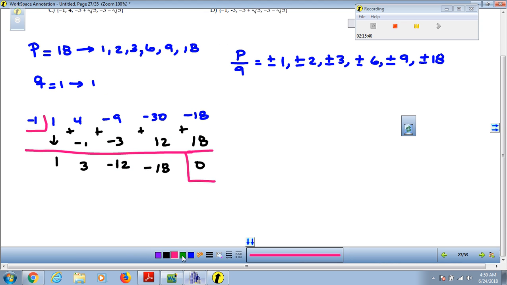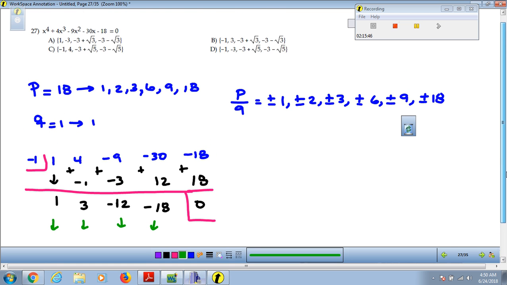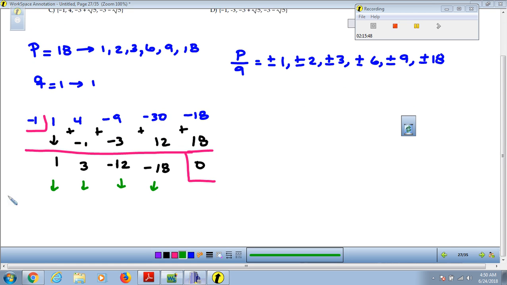Now we are going to write one equation of 1 degree less than the original equation. So this is 1x to the third plus 3x squared minus 12x minus 18 equal to 0. Every time that your highest exponent is not yet at 2, like here it's a 3, you need to repeat synthetic division.